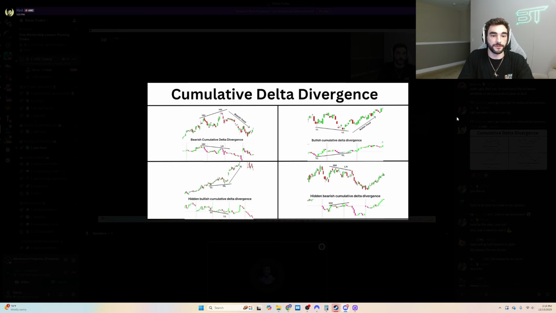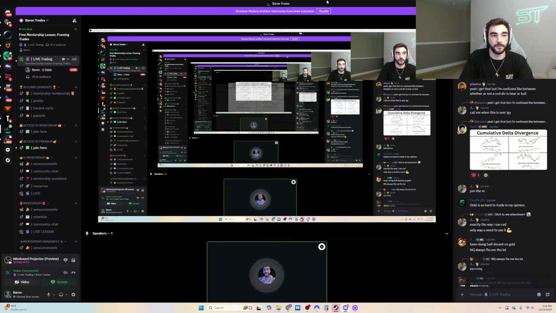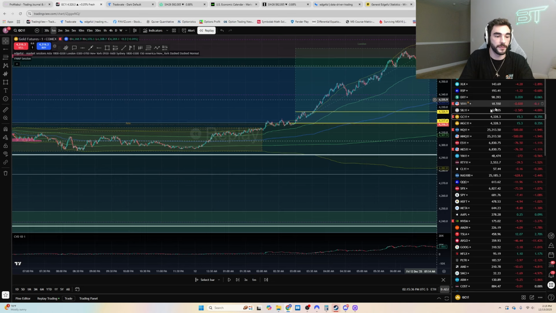So you have multiple different conditions for your CVD. You have bearish divergence. You have higher highs, but higher high, lower high in a bearish trend. This, when I'm looking at, I showed that example on Thursday night, right? You're getting higher highs in your trend, in this trend here.